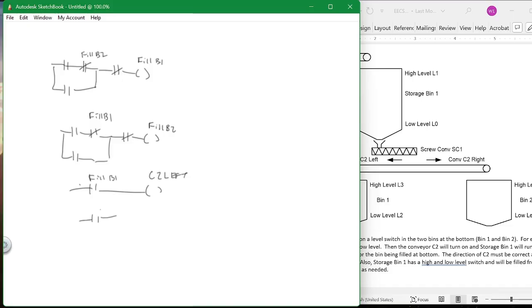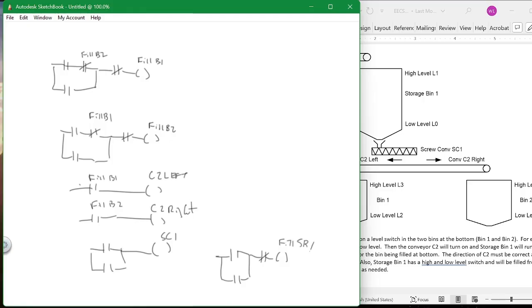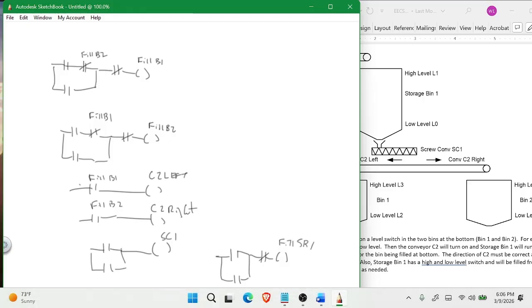Fill bin 2 is conveyor to right. And then either one runs your screw conveyor. And then the upper one is just basically a simple fill circuit with a high and a low. Fill storage bin 1. Any questions about that?